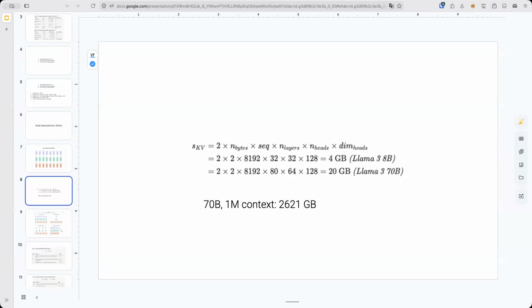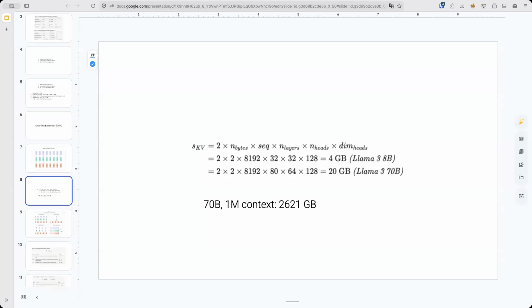In the book, they did calculations for small Llama and big Llama, for 8K context length. For big Llama, it was 20 gigabytes of KV cache for a single query. And I took the liberty of calculating the size of the KV cache for 1 million context length.